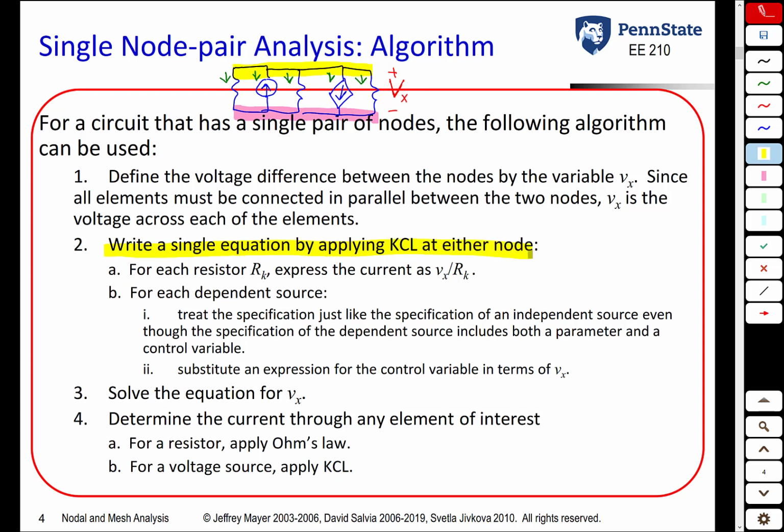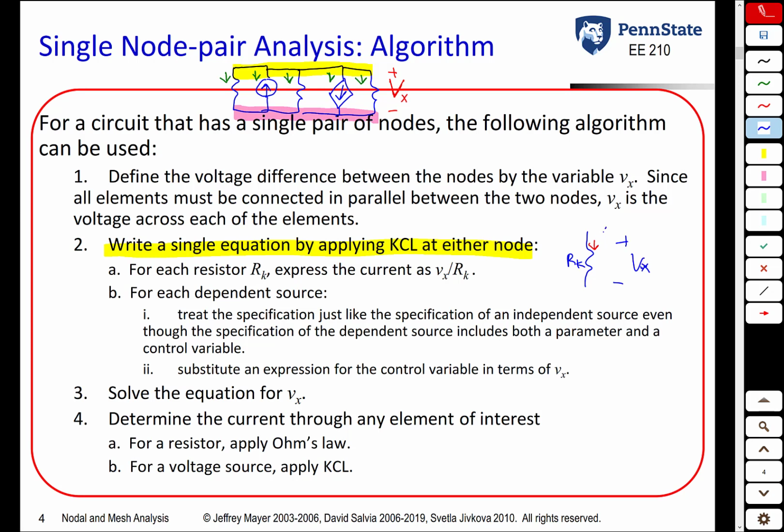The key thing here is if you have a resistor, you could express its current by its voltage divided by the resistance. That's Ohm's law. So if you have a resistor here, if your voltage variable is Vx and the resistor's value is R sub k, its current we're going to express in terms of this voltage variable V sub x.